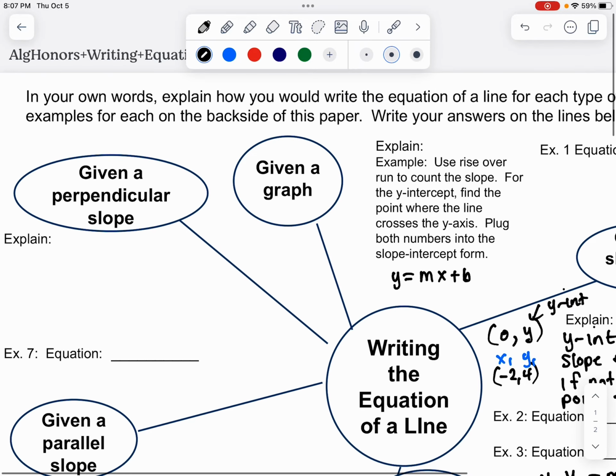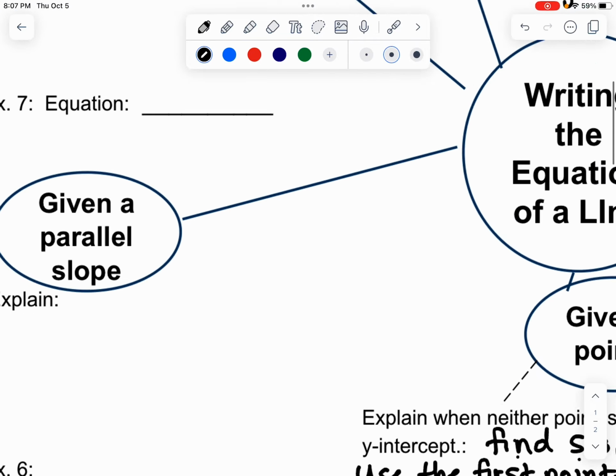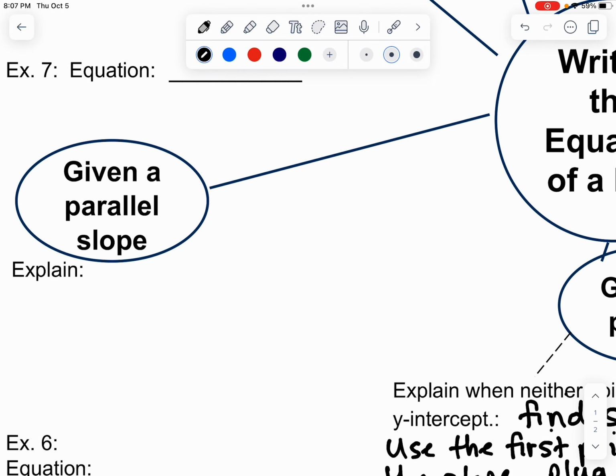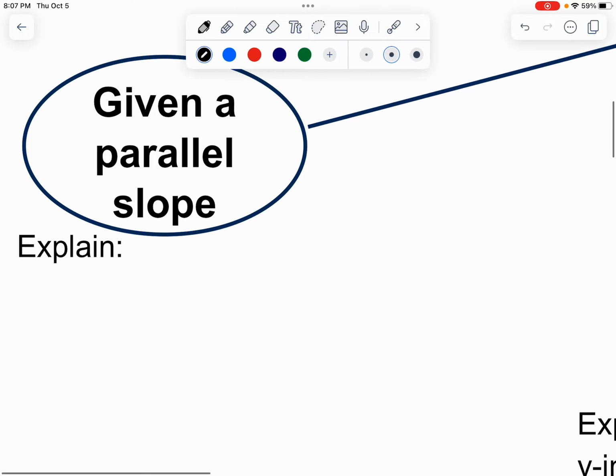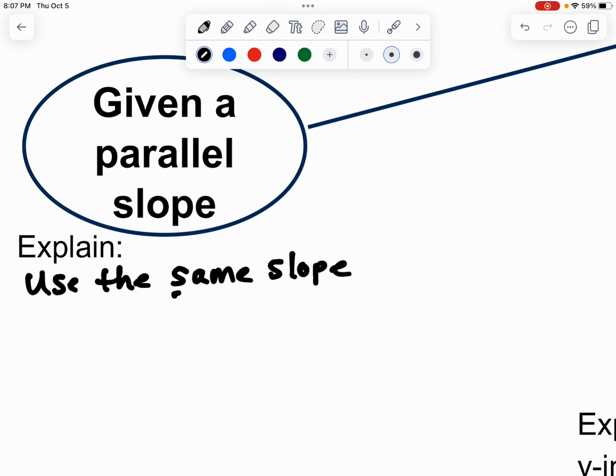Okay, given a parallel slope. To write an equation of a line that is parallel to the line that is given, we need to use the same slope. Remember, parallel lines have the same slope as the given equation.